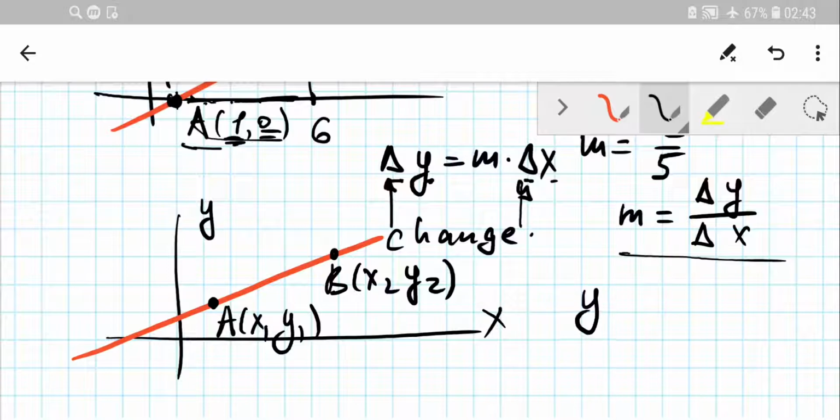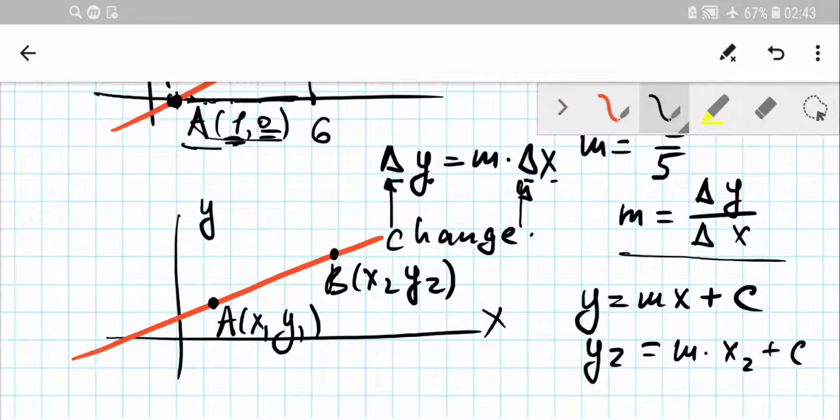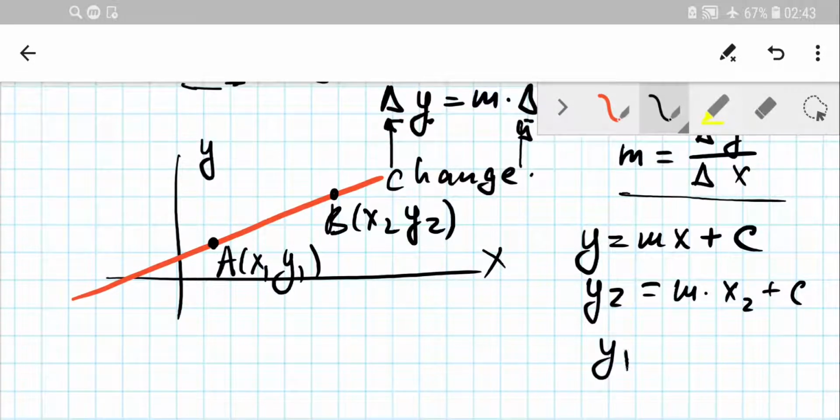If we have the general equation of the line mx plus c, we can plug in both coordinates and we will have two equations: y2 is mx2 plus c, and y1 is just mx1 plus c.